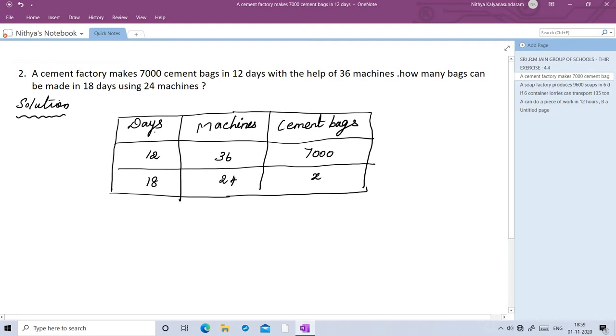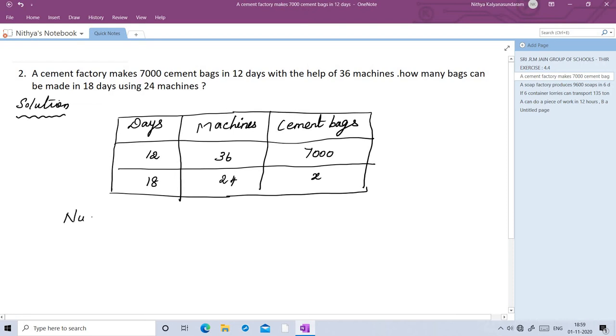Number of days is more, means more cement bags. And also number of machines is more, means more cement bags. So it's a direct variation.